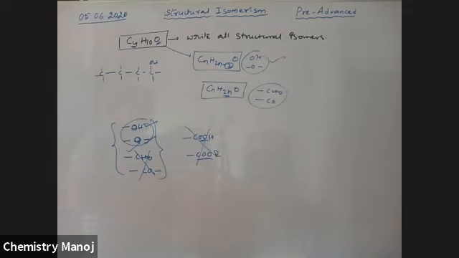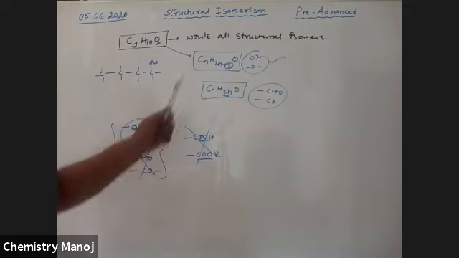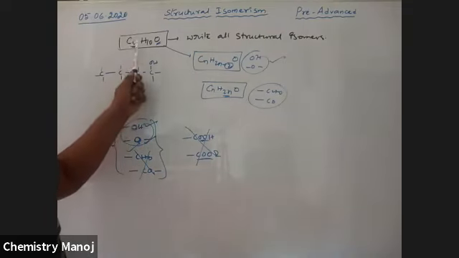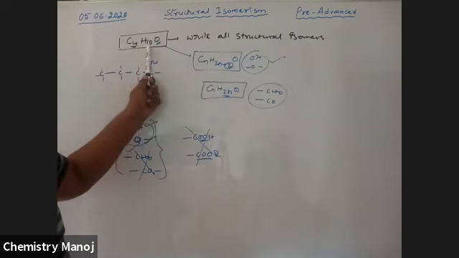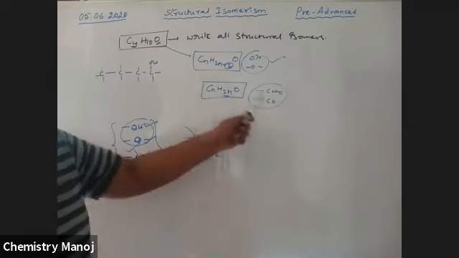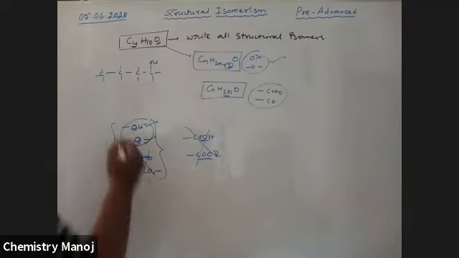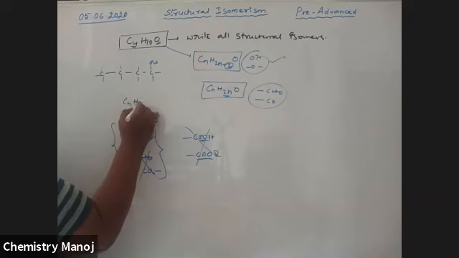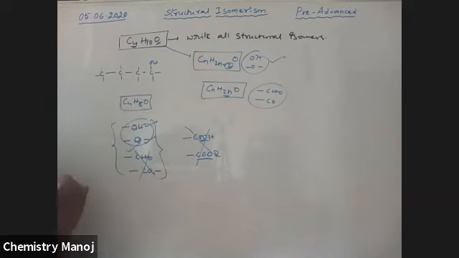C4H10 means the CnH2n+2 formula. That is why alcohols or ethers are acceptable, but not aldehydes and ketones. For example, if the formula is C4H8O, then this concept is applicable.